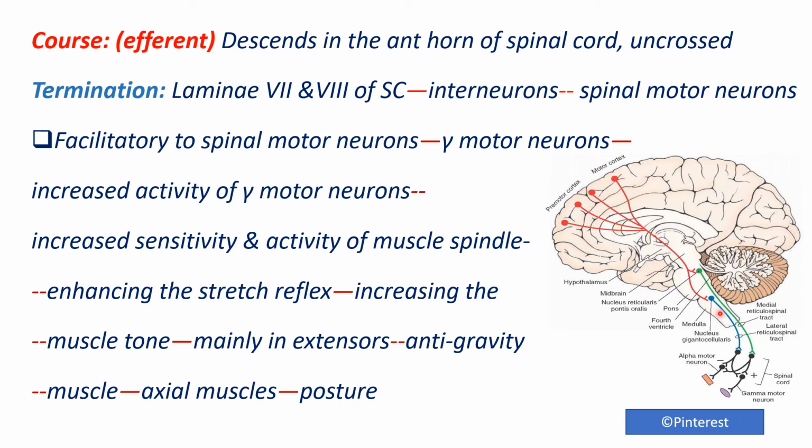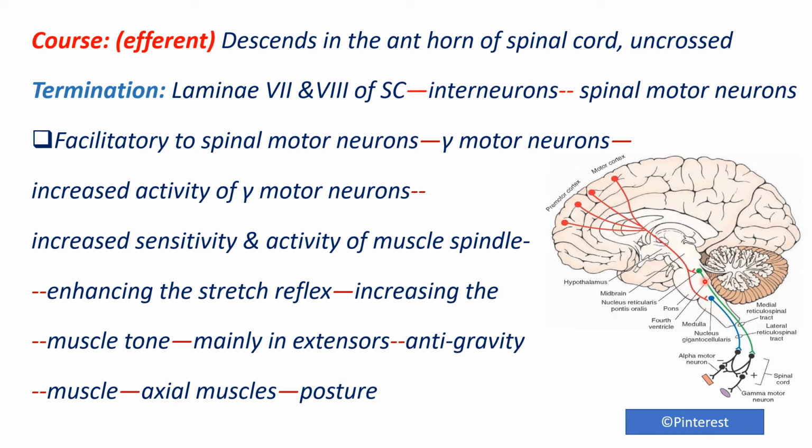I already told you that the fibers from this facilitatory reticular formation, the pontine reticular formation, and also part of the midbrain, descend as the medial or pontine reticulospinal tract from the nucleus pontis oralis and caudalis.